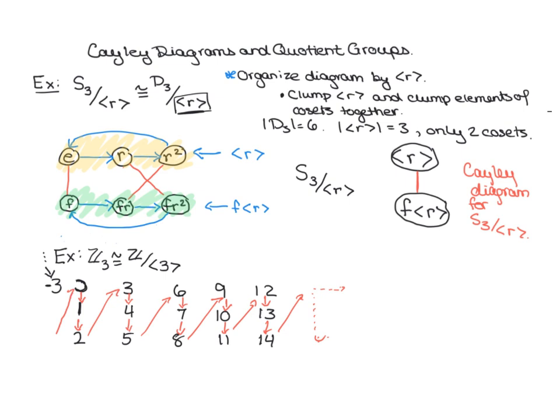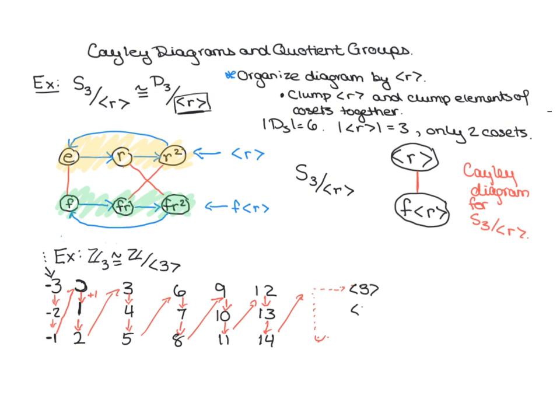So for the negative side, it will go -1, -2. And then this red arrow keeps representing +1 all the way along. Okay, so in the top row, I have the subgroup generated by 3.